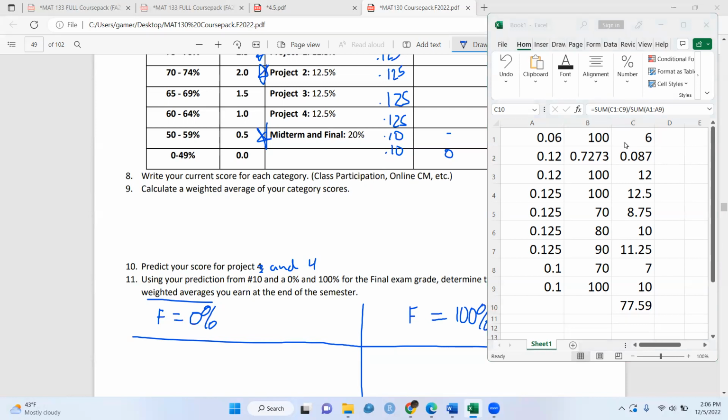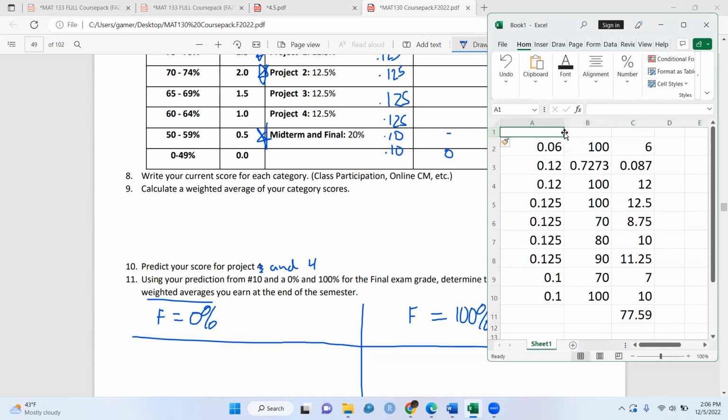So I just typed everything in. What do I do after that? So let's see. Let me make sure I've got things labeled. So this is the weights. This is the grades, right? So you need the weight times grades category.